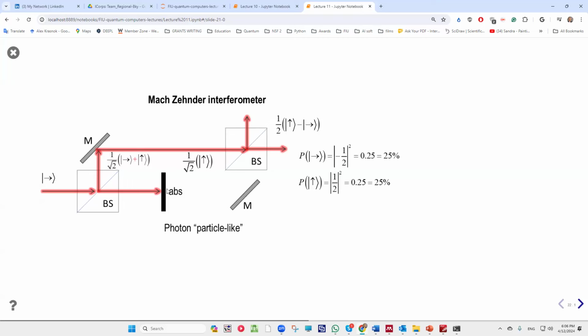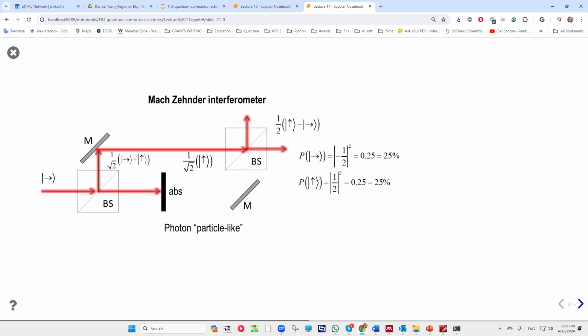Absorber here means that we detect a photon. Like we absorb the photon, and we can convert this photon into a pulse of current, like in the single photon detector we just discussed, or it can be absorbed by some material and converted into heat.